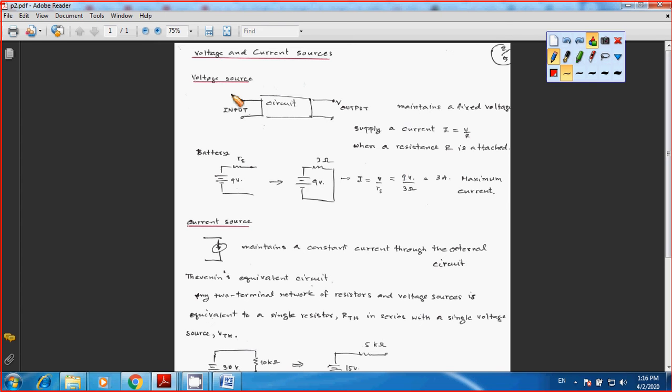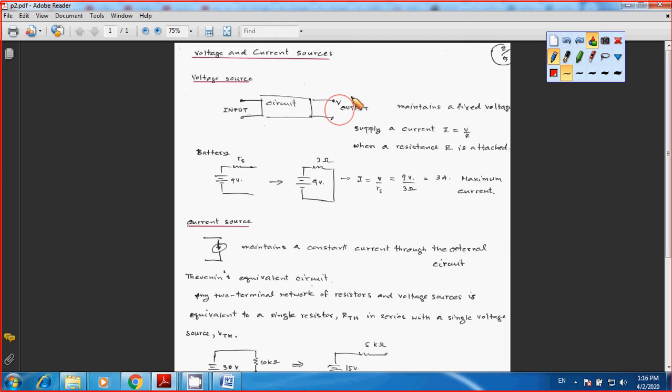For the voltage source, you expect your V out to be maintained, which means that you don't want it to change at all, no matter whether you have a load resistance or not.